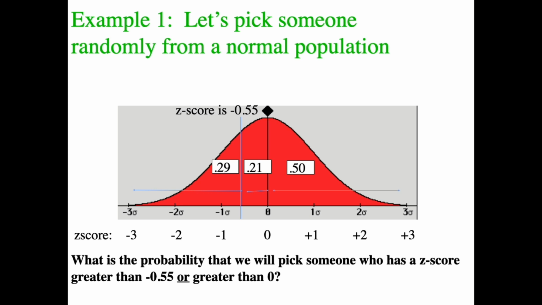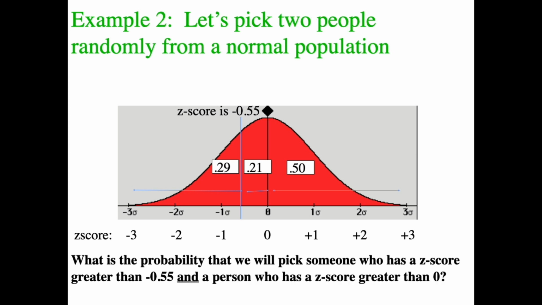And I can start to get an idea of the probabilities of getting different kinds of scores. Or if I pick two people, I could ask, what's the probability that we'll pick someone who has a z-score greater than minus 0.5 and a person who has a z-score greater than 0? So again, you can determine probability questions like that from looking at the proportions in the normal curve.